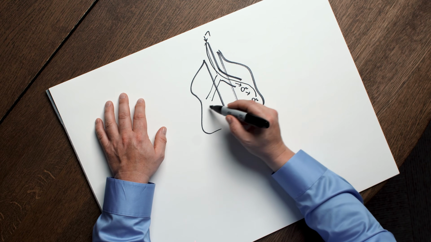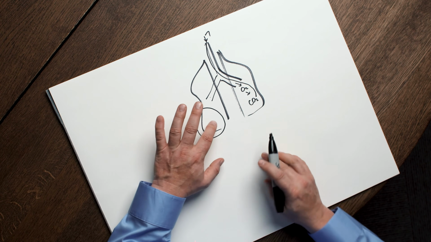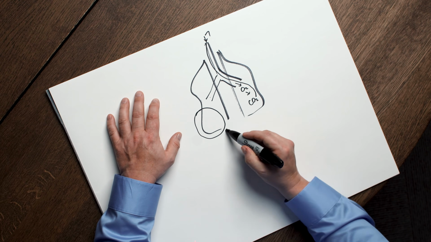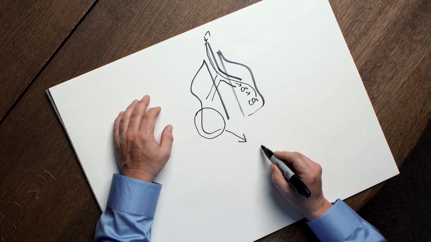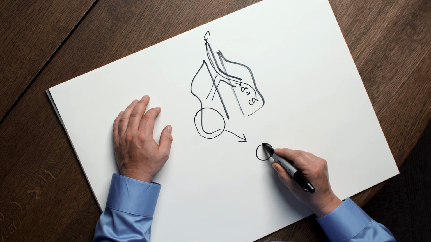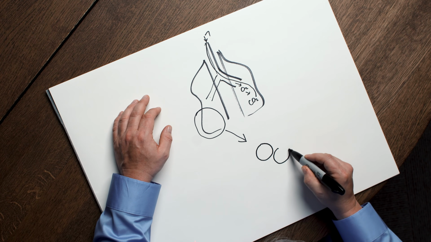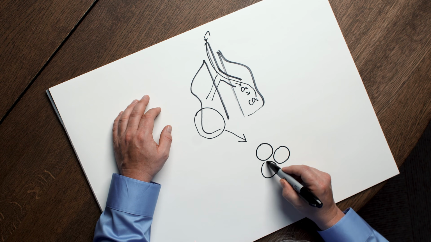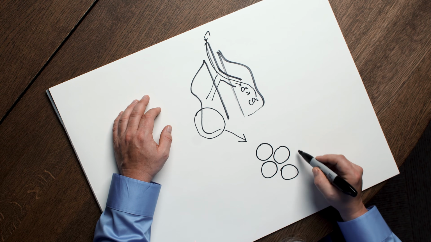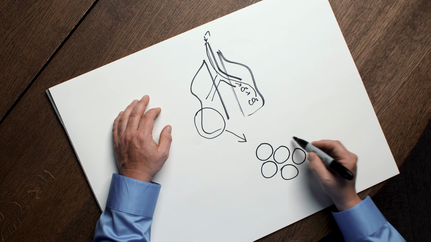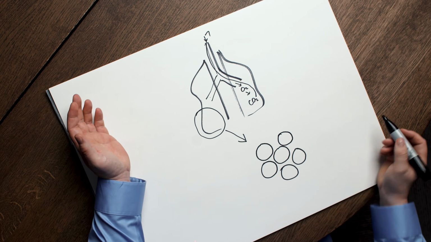But if we look at a microscopic level at one of the lungs and just expand that out and look at what's happening, we have these little things here called alveoli. And these are the little tiny micro airways. But this is where all of the real business is happening.